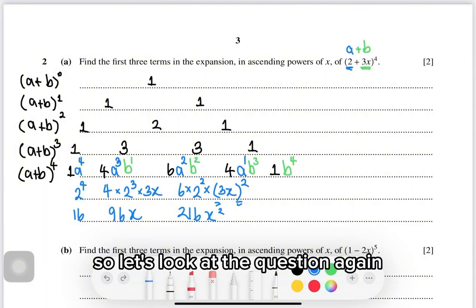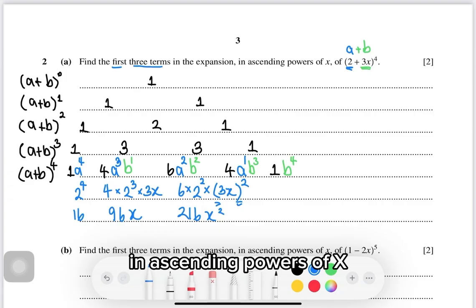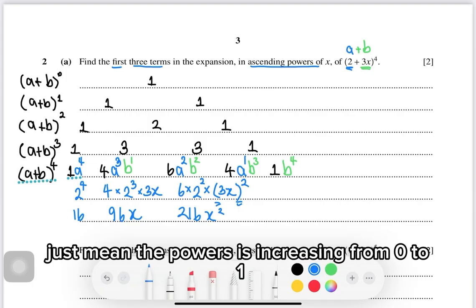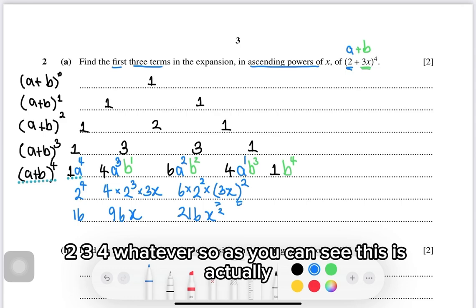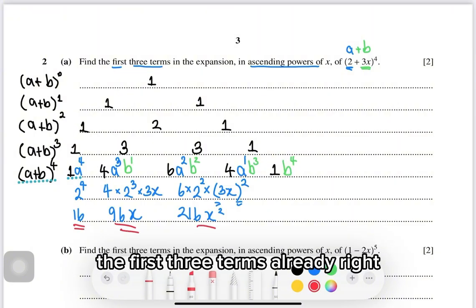So let's look at the question again. We only need to find the first three terms in the expansion in ascending powers of x. Ascending powers of x just means the powers are increasing from 0 to 1, 2, 3, 4, whatever. So as you can see, this is actually the first three terms already, right?